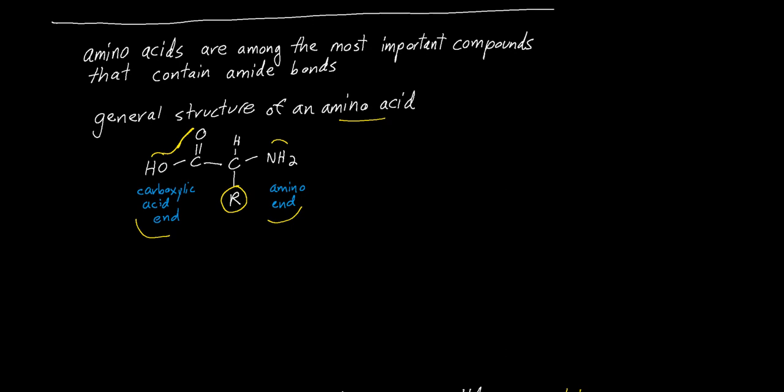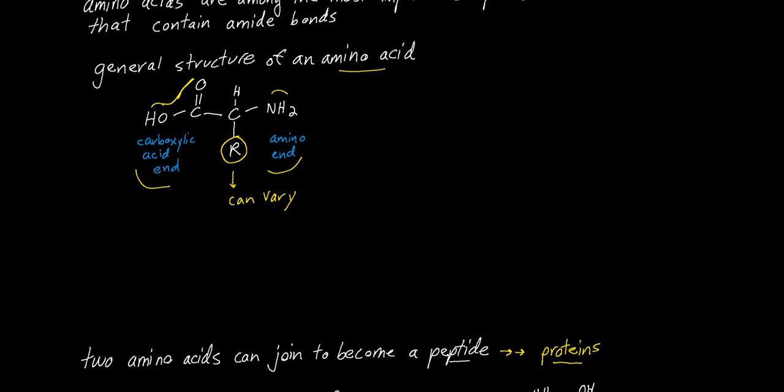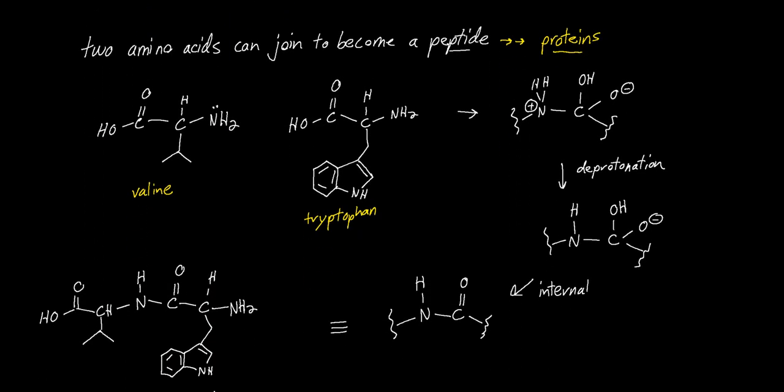That's the general structure of an amino acid, where the R group can vary. In biochemistry, you'll see the 20 essential amino acids, I think they're called, and they're all the same except that the R group varies. So the two amino acids we're looking at here, valine and tryptophan, just differ in the R groups. Notice that.